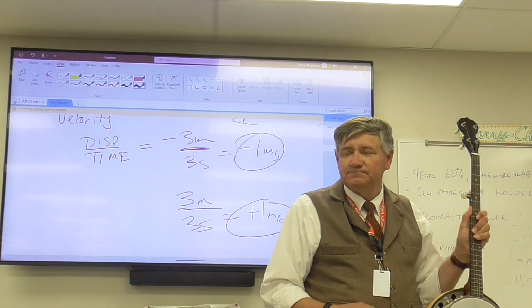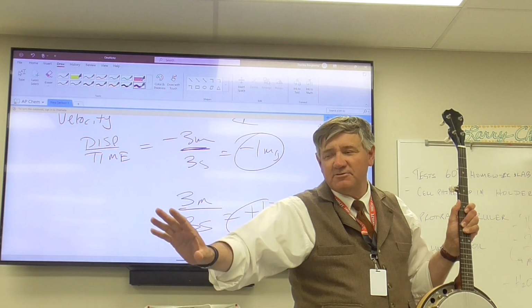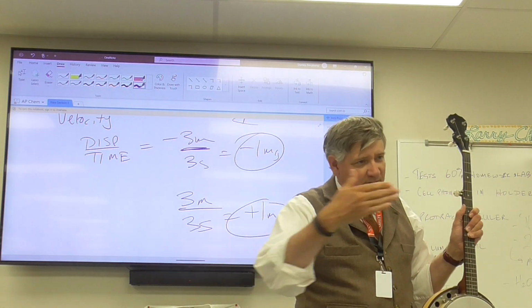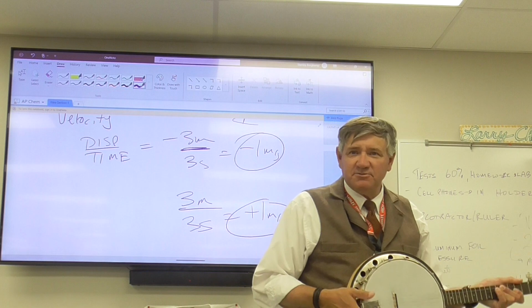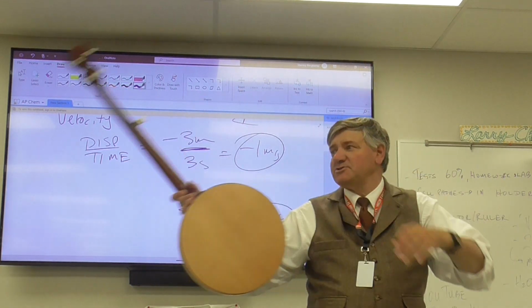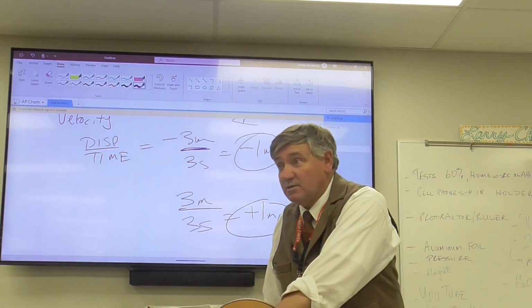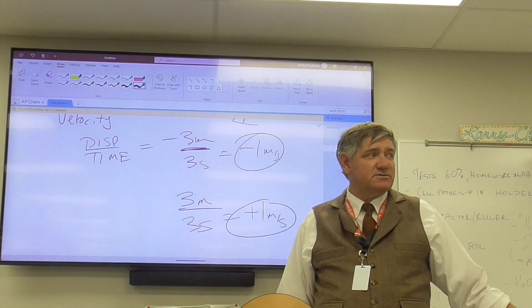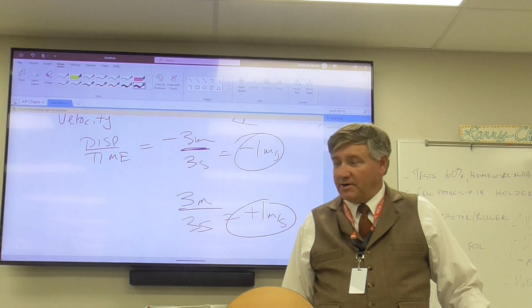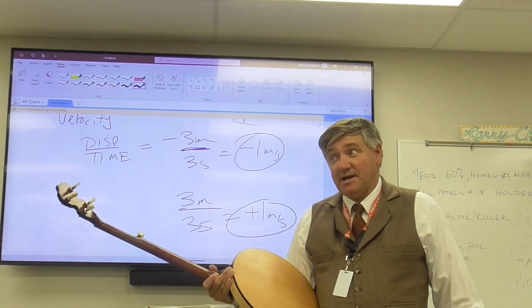Did the banjo change direction? No. It still pointed this way. As long as the banjo is pointing this way, my velocity is going to be positive. If the banjo points that way, it's negative. Where I am relative to the reference point has no bearing on the story. All I know is that it's either going that way or going that way. That's the only option I've got.